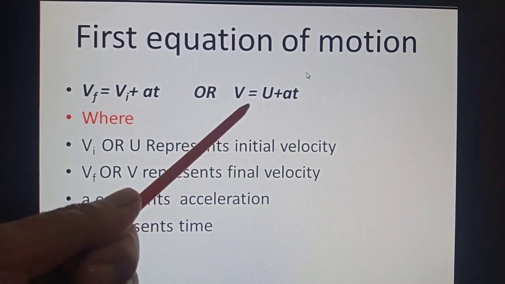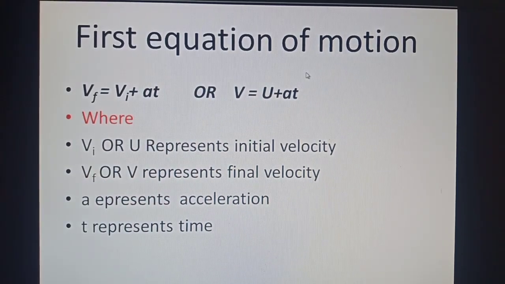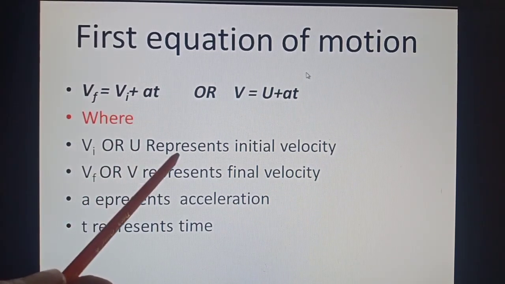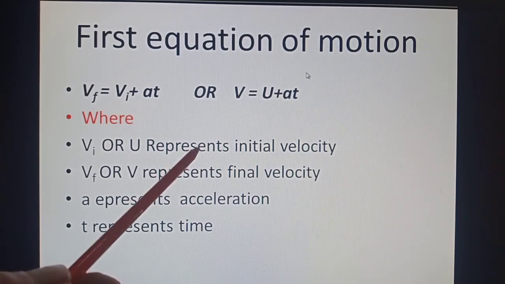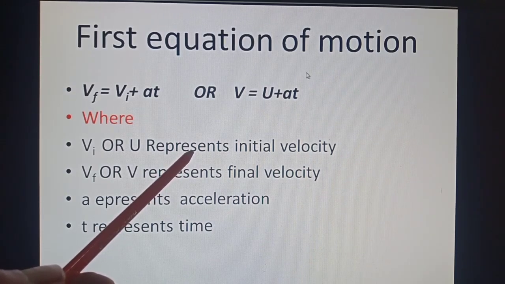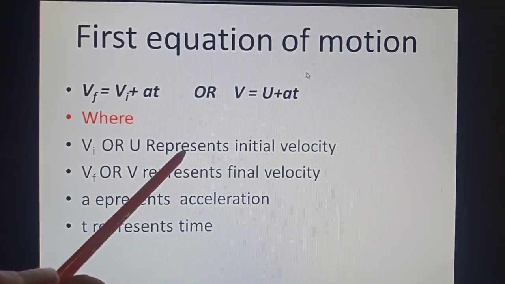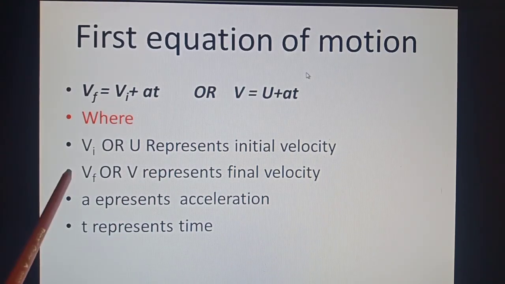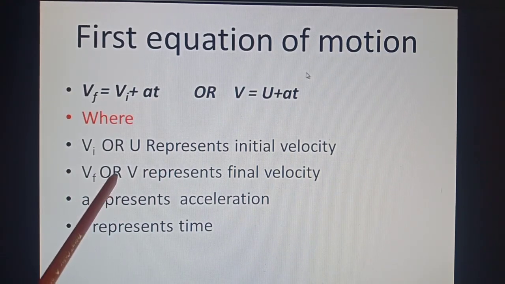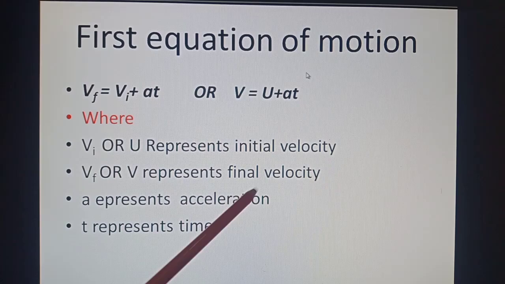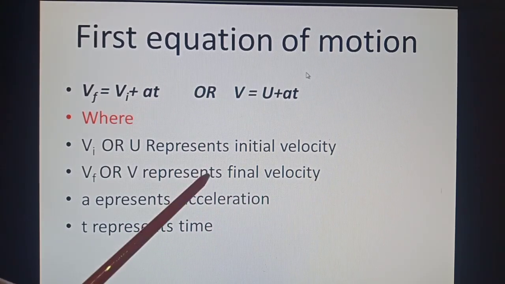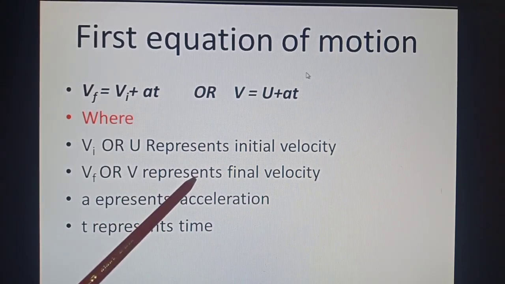Now what are these variables which are used in this equation? Vi or U represents the starting or initial velocity at any given first time. Vf or V represents the final velocity or velocity at some later time.